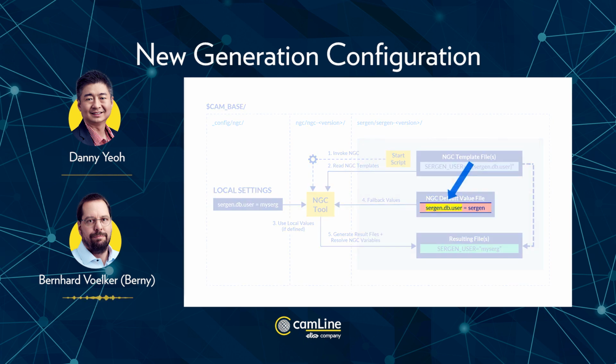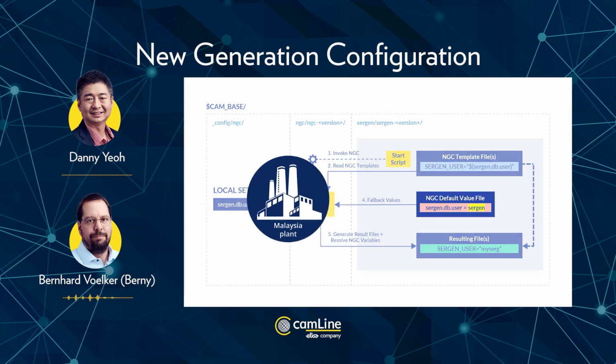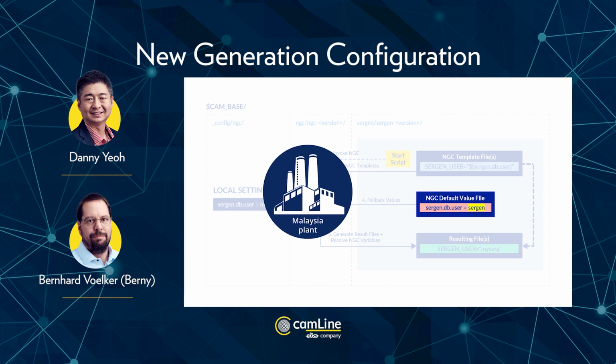Over here, this is the first diagram. Let's have a look at the NGC variable SergenDBUser, with the default value Sergen as the default DB schema. This is the default, and we'll just take it as an example. Now let's say my manufacturing site is based in Malaysia and I do not have any existing local configuration settings. So in this case, during a system update, I'll use the value Sergen, which comes from the default configuration settings.